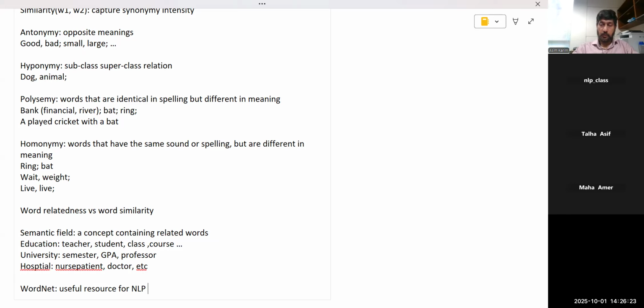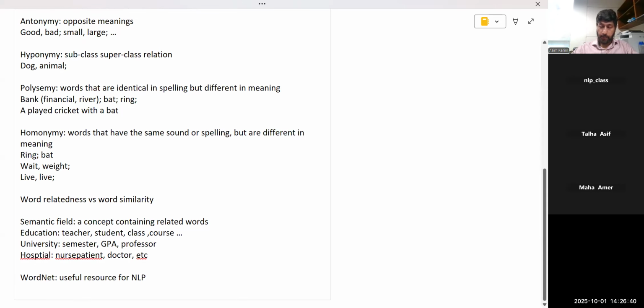It has words, and relationships between words and their senses. It has glosses, which refer to the meanings of those words and how they are used. And it's a graphical structure. Okay, API available, you can use it in your applications.